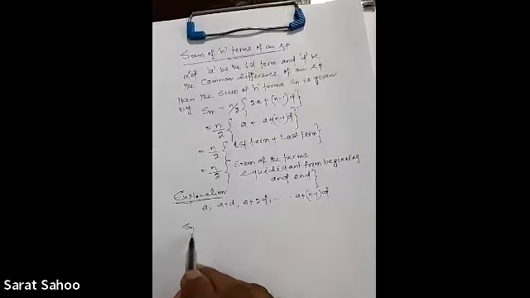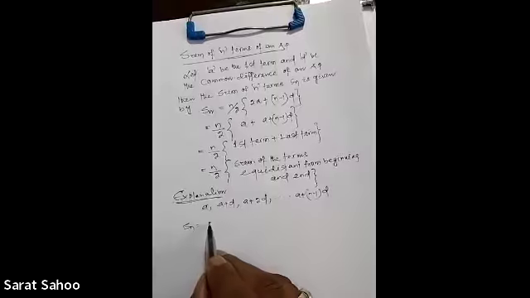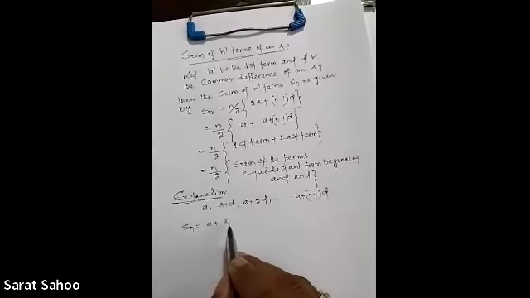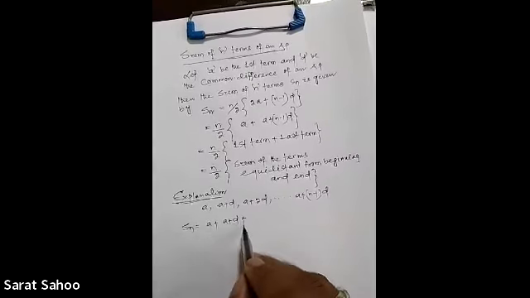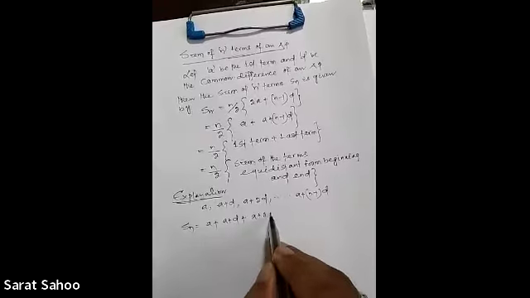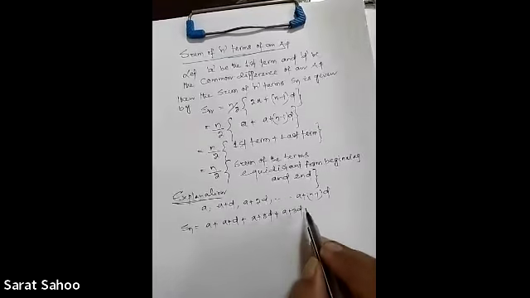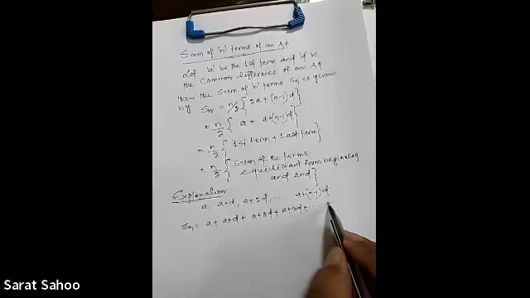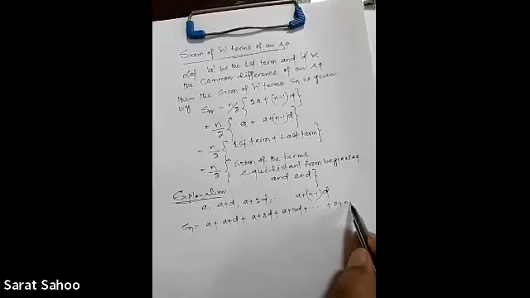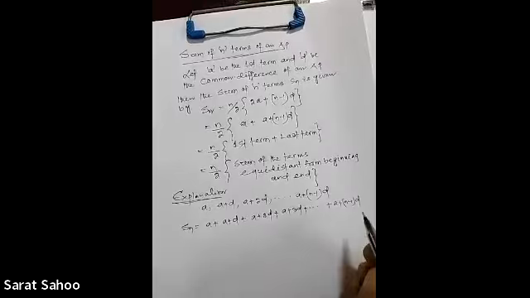The sum of n terms Sn is equal to A plus (A plus D) plus (A plus 2D) plus (A plus 3D) plus up to A plus (n minus 1) into D.